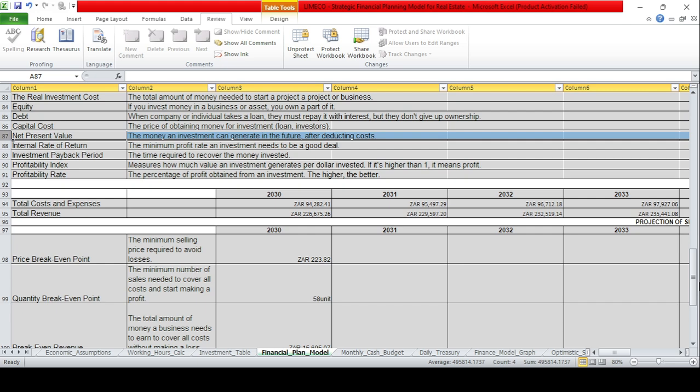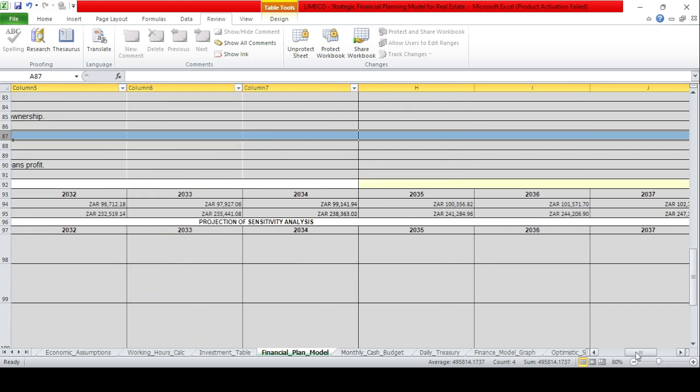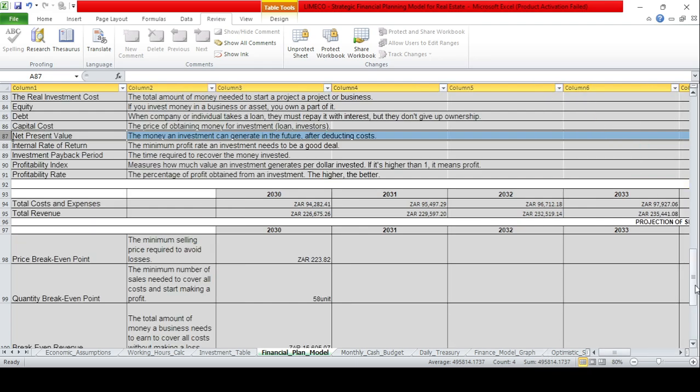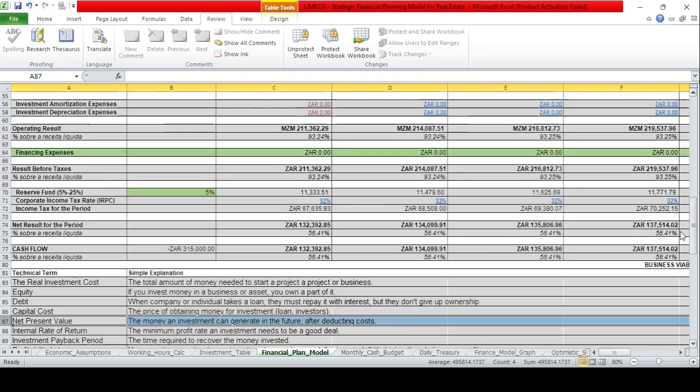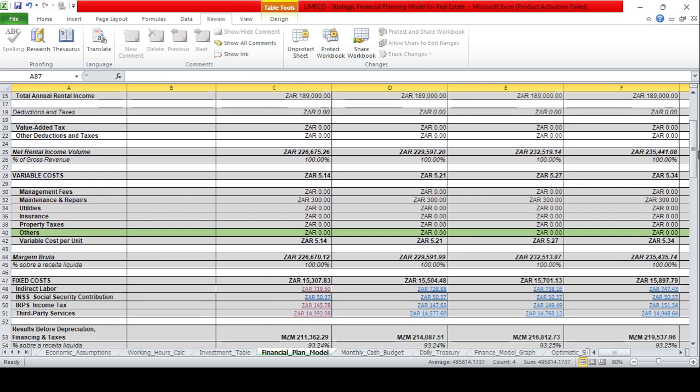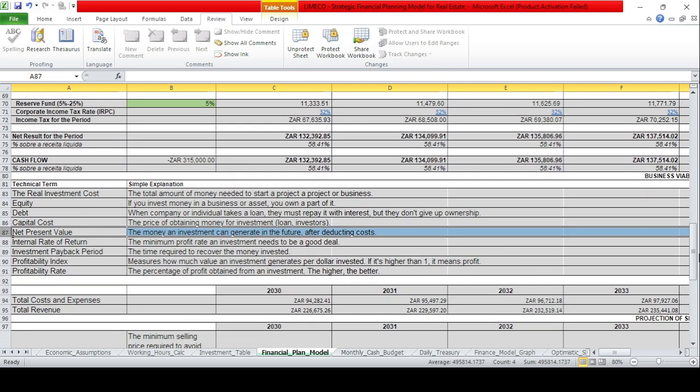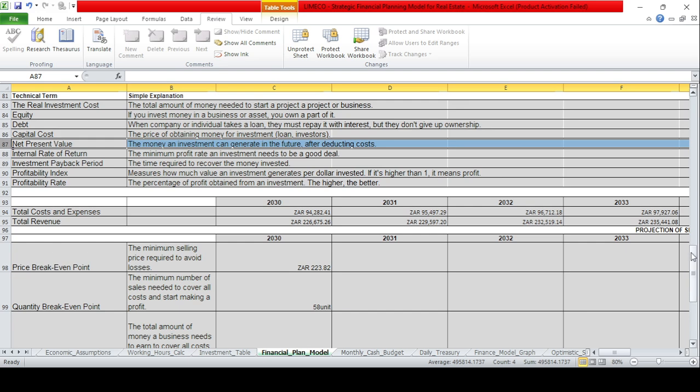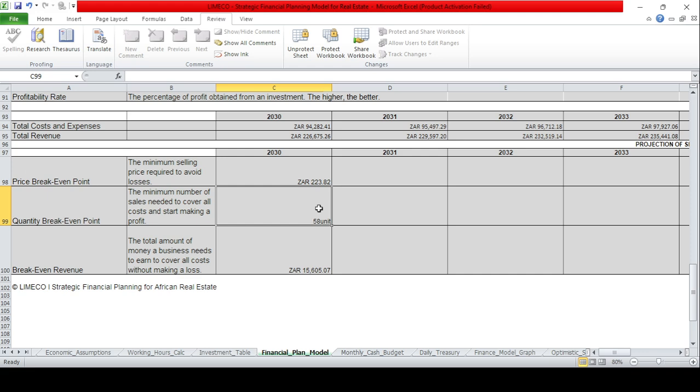Okay. Net present value. Profit. There is profit. Okay. Good. Now it is viable. Minimum unit is 58.